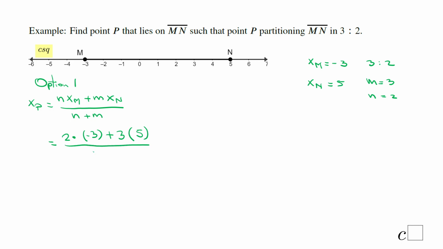And here we have 2 plus 3. Okay, so what are we gonna have here? 2 times negative 3 is negative 6 plus 15 over 2 plus 3 is 5, and that will be 9 over 5, which is a good answer.